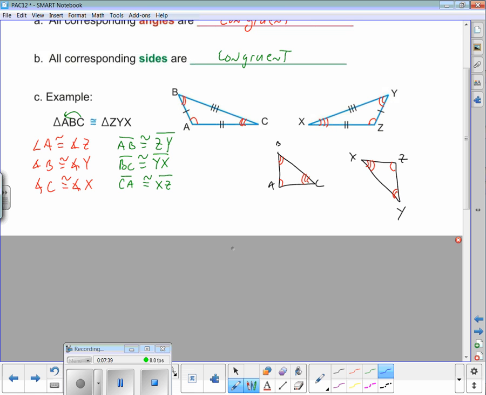All right, so watch. If I were going to name the two congruent triangles, let's suppose I used triangle ABC as the first triangle. Once I chose the lettering ABC, what then will be the lettering of the second triangle?